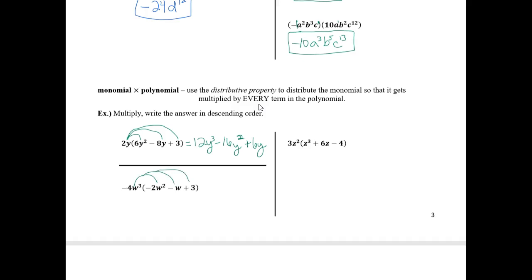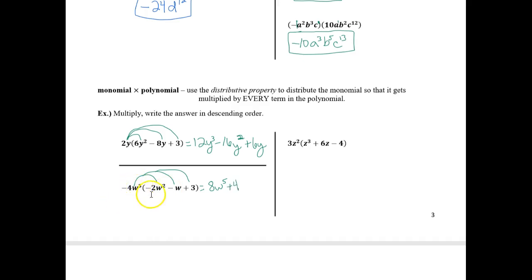Same thing, even if it's a negative coefficient. I'm going to take negative 4w cubed times negative 2w squared. So negative 4 times negative 2 would be positive 8. W cubed times w squared is w to the 5th, right? 2 plus 3. Then I'll do the negative 4w cubed times a negative w. So negative 4 times negative 1 is positive 4.